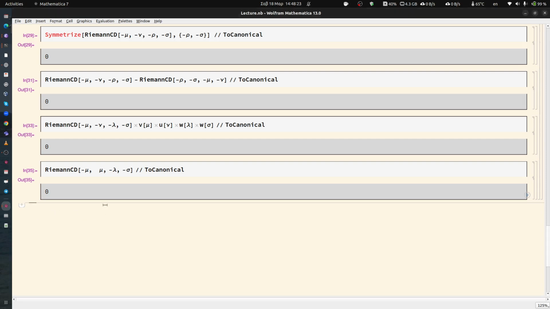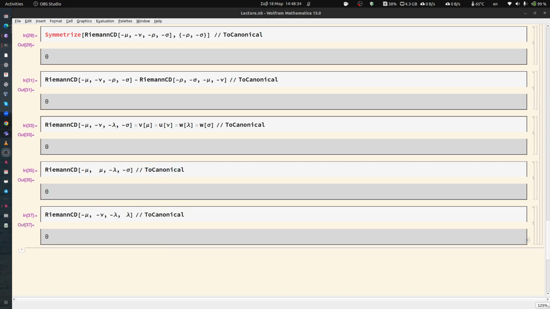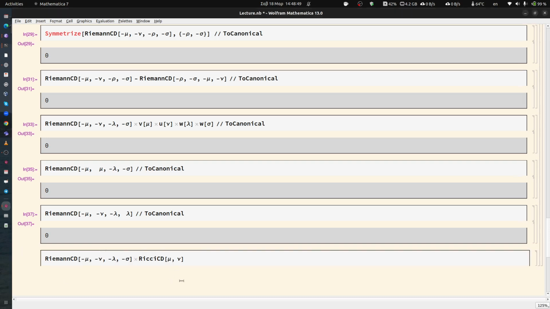Similarly, we can contract the last two indices of the Riemann tensor. That should also be equal to 0. And we see that when we apply the function ToCanonical. Now, let's write down this expression here.